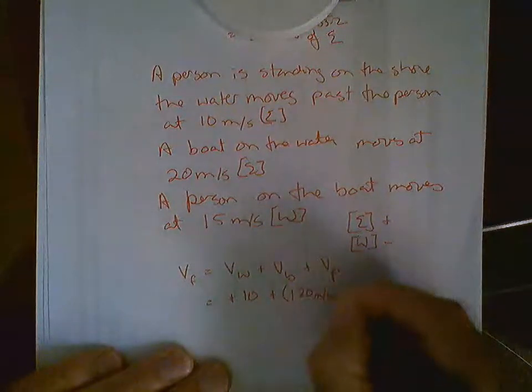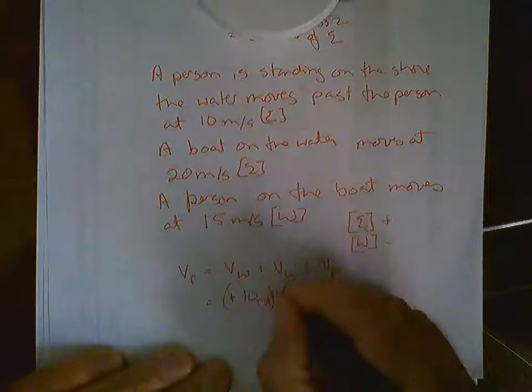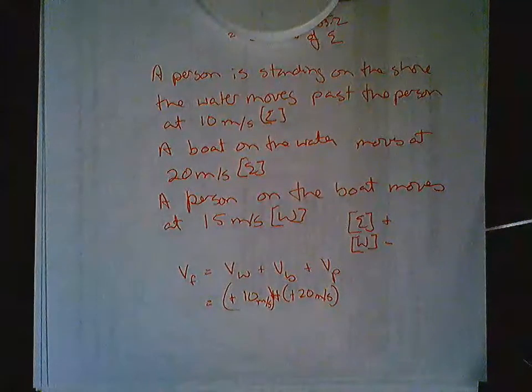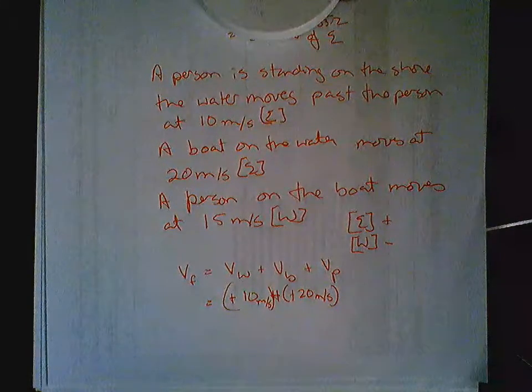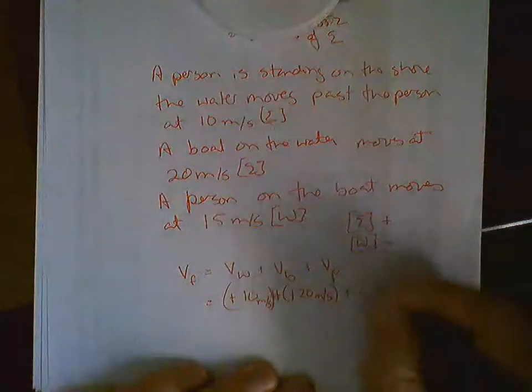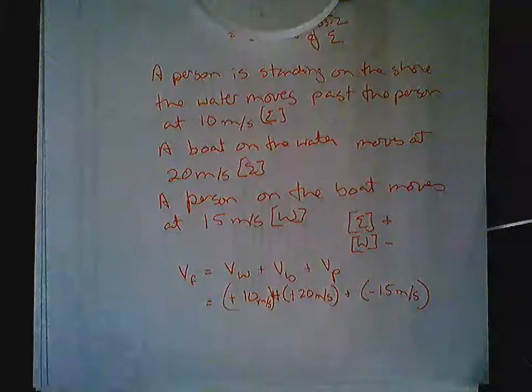Then we have plus 20 meters a second because the boat is moving 20 meters a second. So it's additive. The water and the boat together make the boat seem like it's going 30 meters a second. Now the person is moving west, so that's negative 15.